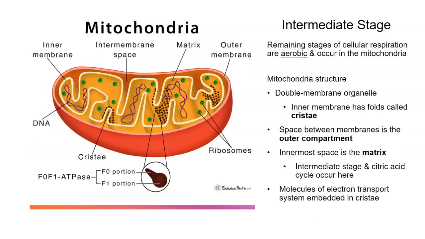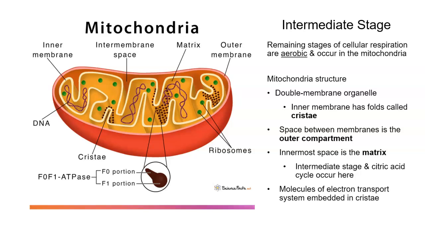Okay, so as I said, the remaining stages are aerobic. They require oxygen and they occur in the mitochondria. So let's look just a little bit about this mitochondria since we haven't done the cellular organelles yet. So notice that it is a double membrane organelle. So you've got the outer membrane and the inner membrane.